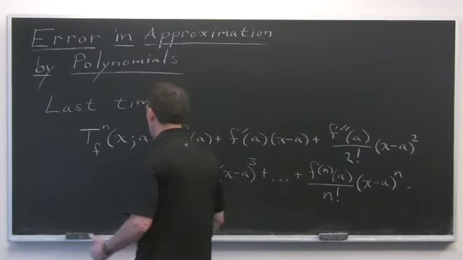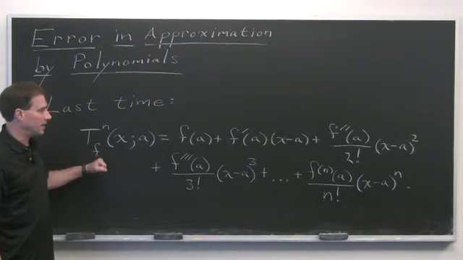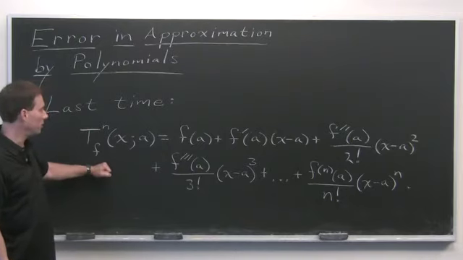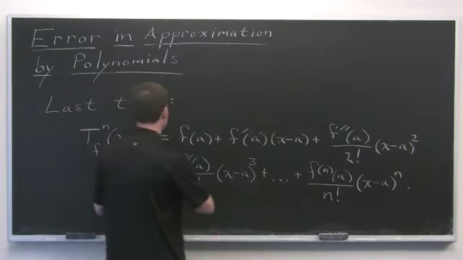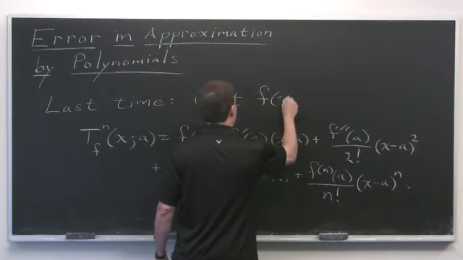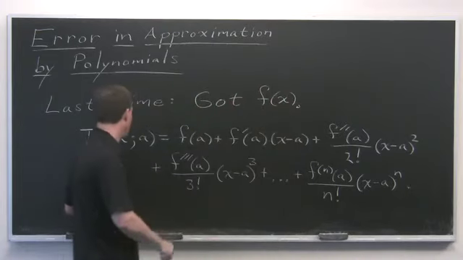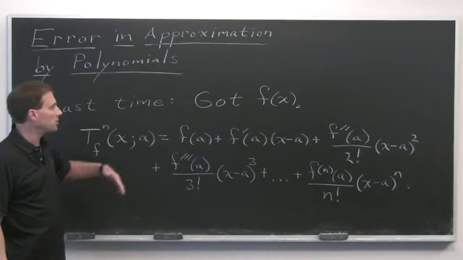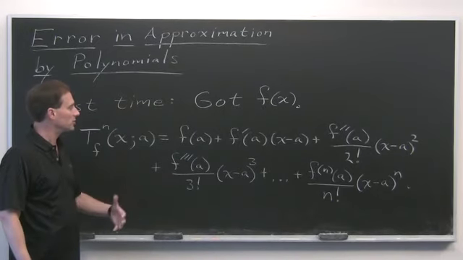So last time I introduced the nth order Taylor polynomial. You've got a function f of x, and we want some polynomial that approximates f of x well for x near a.